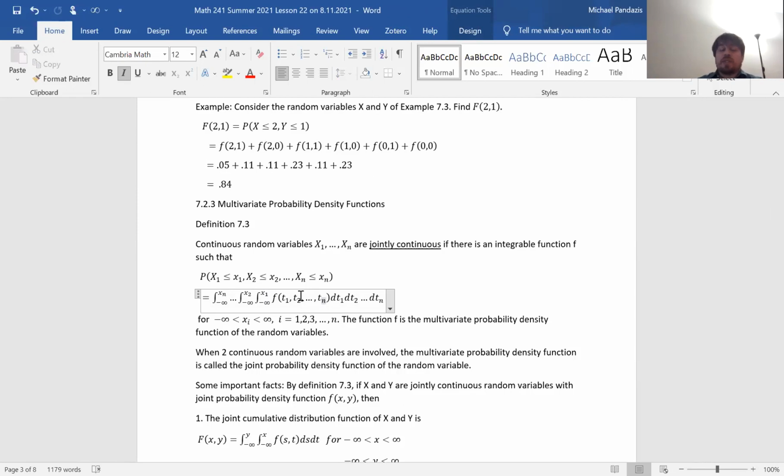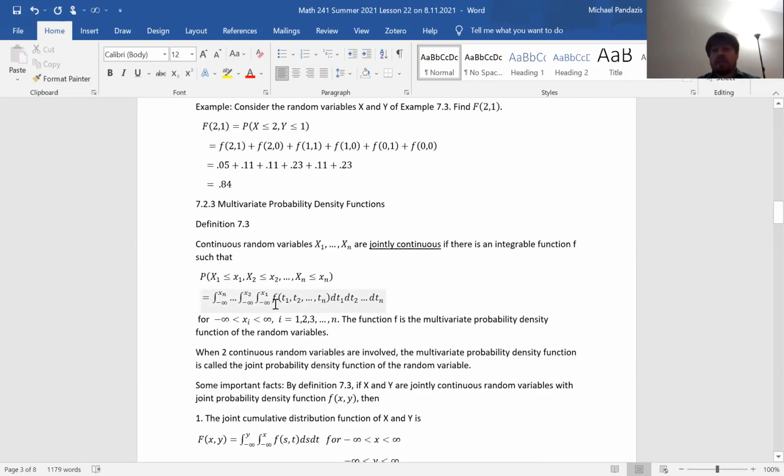Now you integrate not just with one integral but with n integrals. This is like finding the space underneath this function, right? If you had two variables, a joint probability density function, right? I don't want to use joint. Joint has a different meaning here. Jointly continuous, okay?